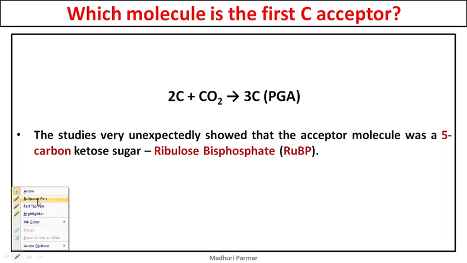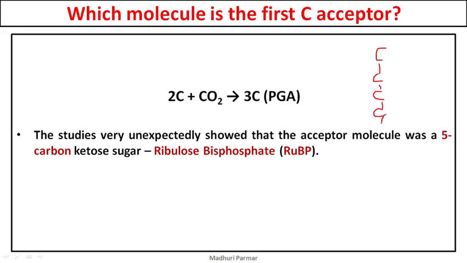Let me just draw the structure very quickly. So you have 1, 2, 3, 4, 5. On the first carbon you have a phosphate group, and on the fifth carbon you have a phosphate group. Because these phosphate groups are attached to different carbon numbers, carbon number 1 and carbon number 5, this is called bisphosphate.